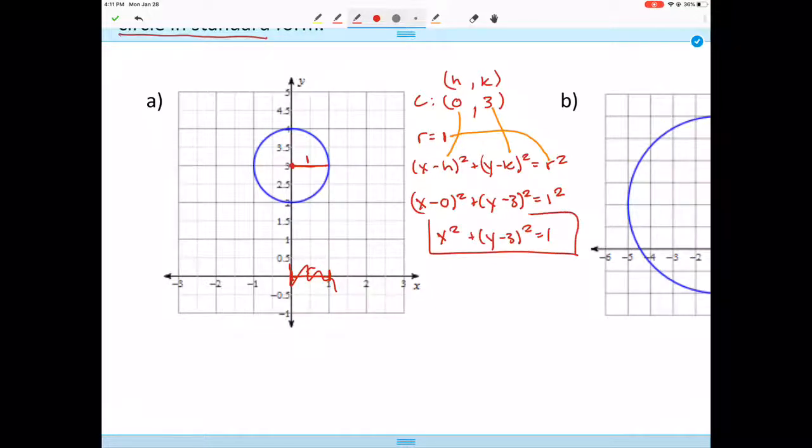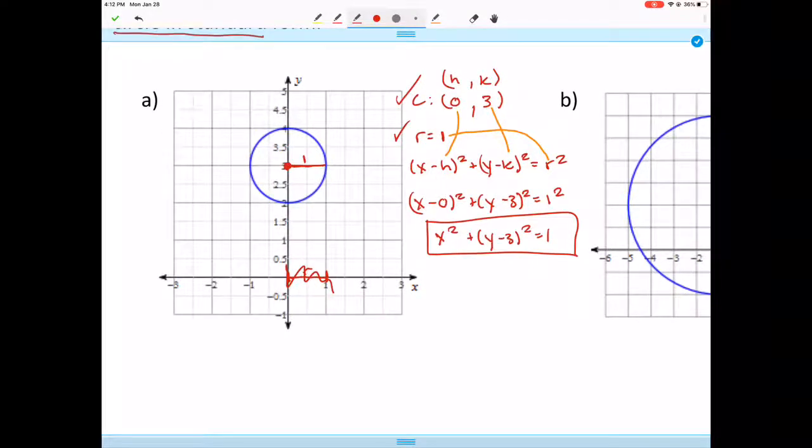And that would be your answer. So, in a nutshell, we are marking down where our center is, our radius, and then we just plug that information into the equation of a circle, and then we just simplify it.